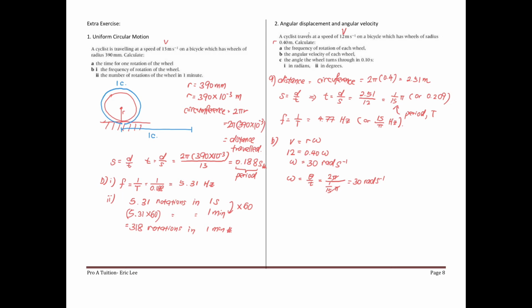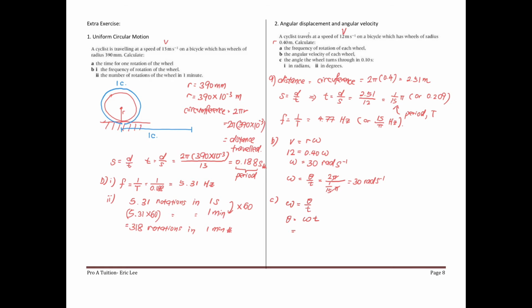Let's look at part C. The angle the wheel turns through in 0.10 second, in radians, and part 2 in degrees. In order to do these questions, we consider omega equals theta over t, and hence theta equals omega multiplied with t.